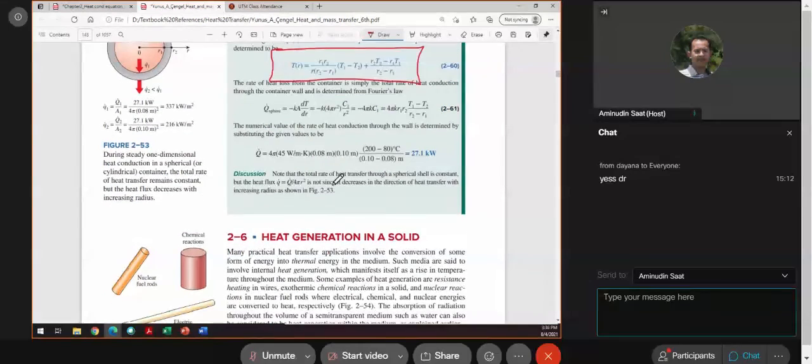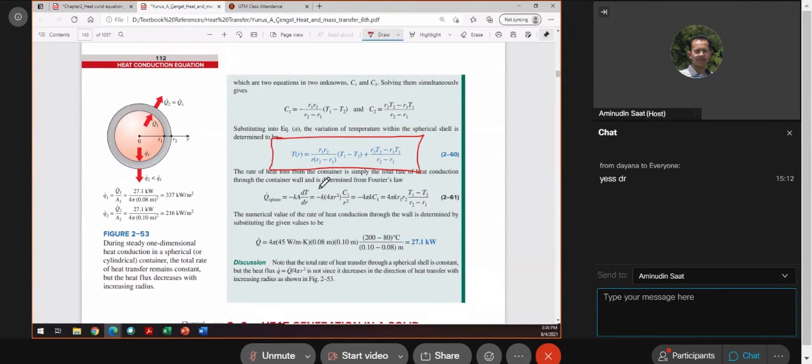So this is a type of example for the heat conduction problem, using boundary conditions in order to solve the Cartesian, the cylindrical, and the spherical.